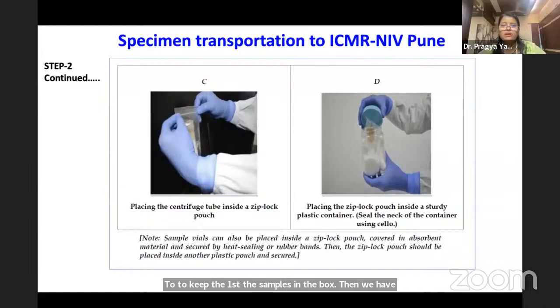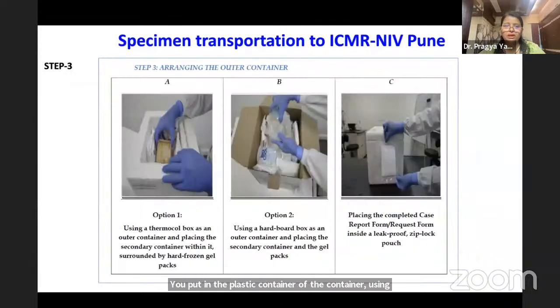So before that, we use the Ziploc pouch and seal it, and then you put it in the plastic container, and seal the neck of the container using tape. Then finally, you put it in a thermocol box, and give very good cushioning and also cooling. If we are aiming for sequencing or virus isolation, then we need to maintain a cool temperature, and that's why we make gel packs, and then we can hand over the pack to the courier.